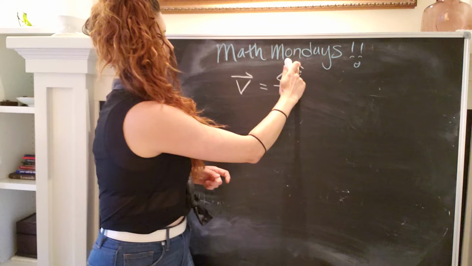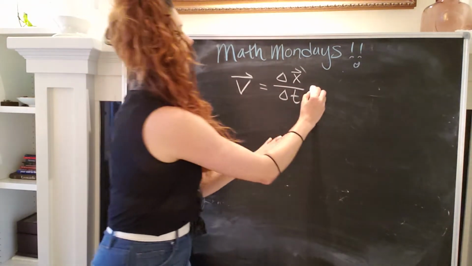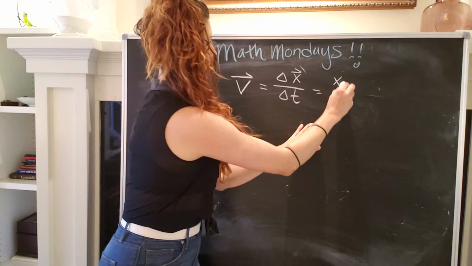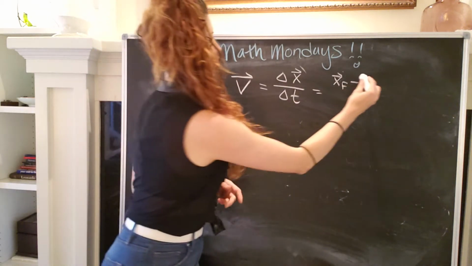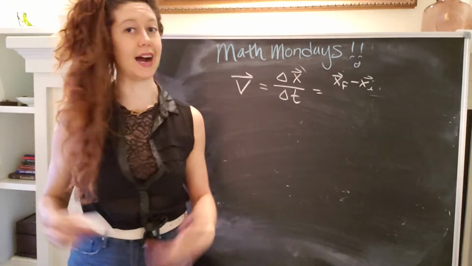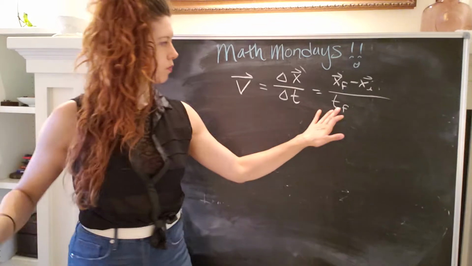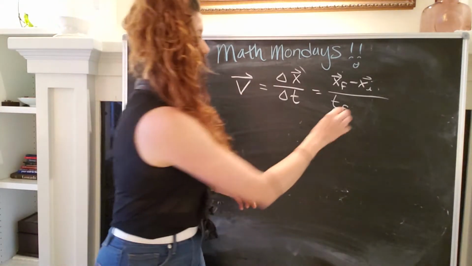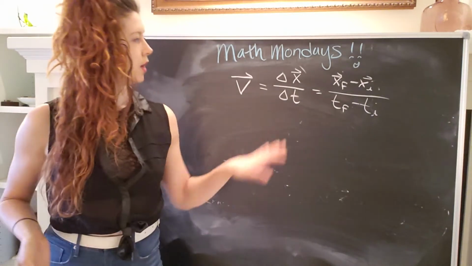Change in position over change in time. And what this triangle means is that we are subtracting our final position minus our starting position, where F stands for final and I stands for initial. And then we divide that by the time that we arrived minus the time that we started.